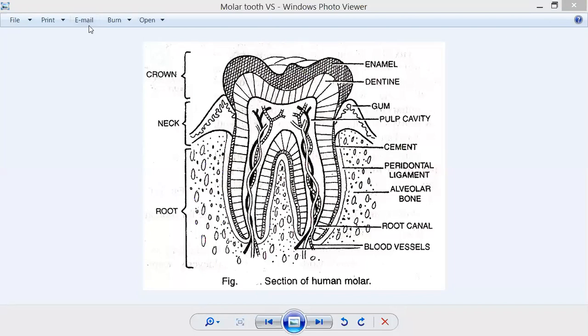Now here you see, I will color it for you. So this structure is actually the gums. Okay, this structure you are seeing is actually the gums, on the surface.